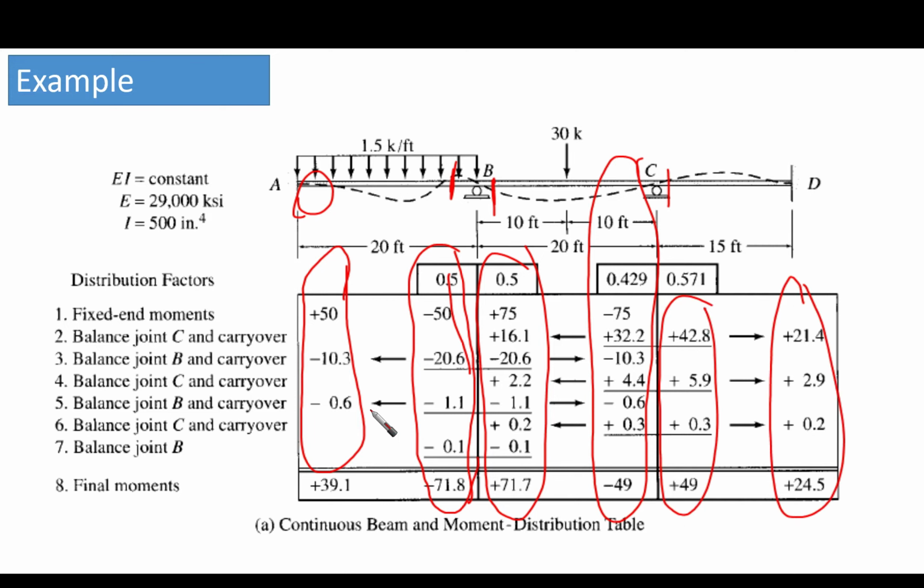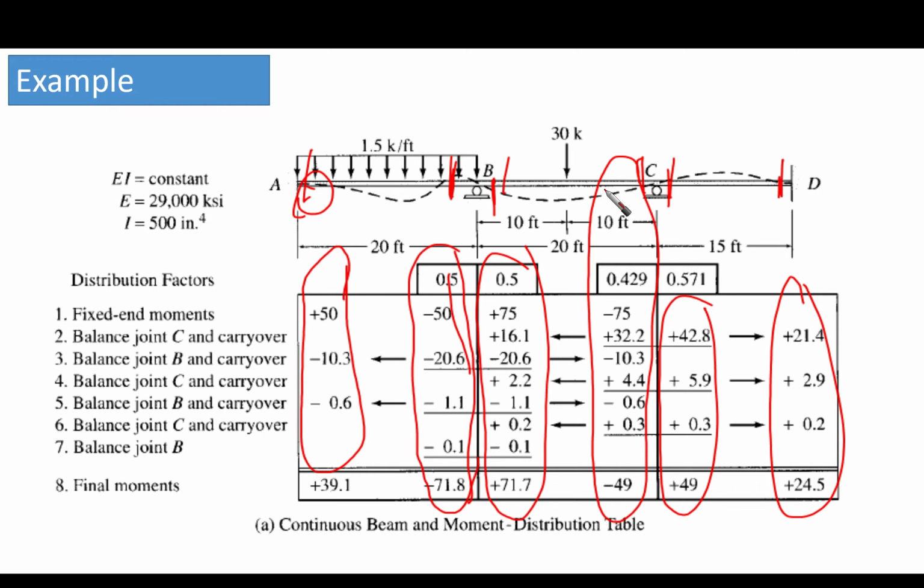How many columns? 1, 2, 3... there are 6, which means that we have 3 spans and 2 ends for each span. So we have 6 columns for our table, based on the number of spans that we have.